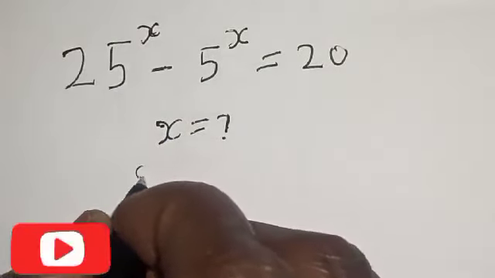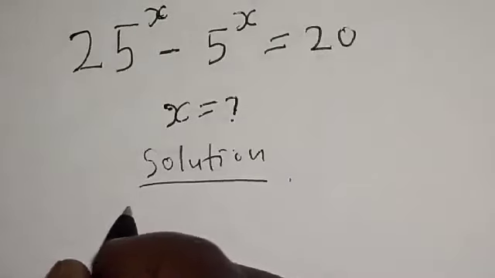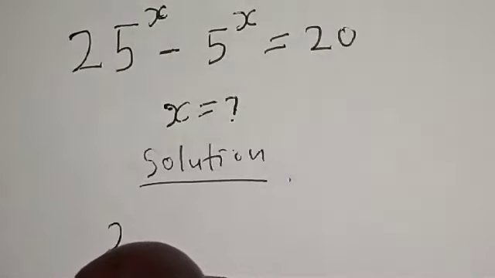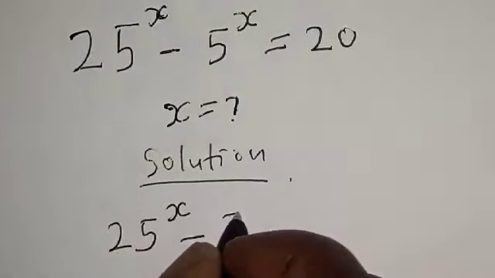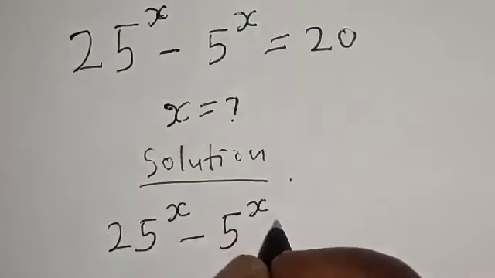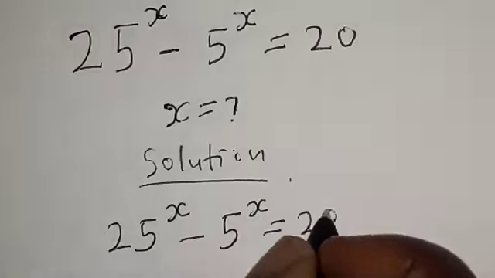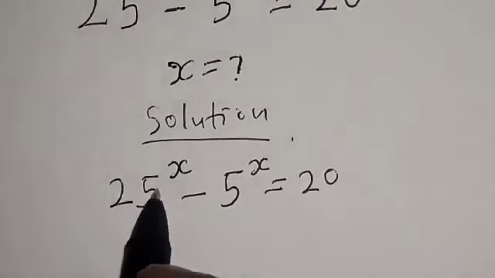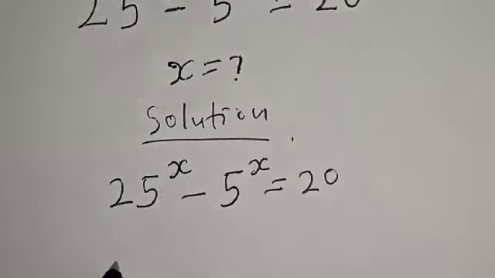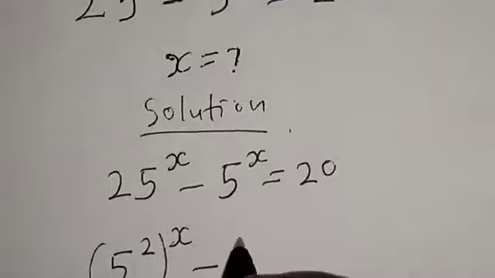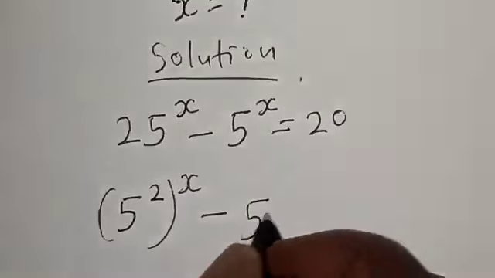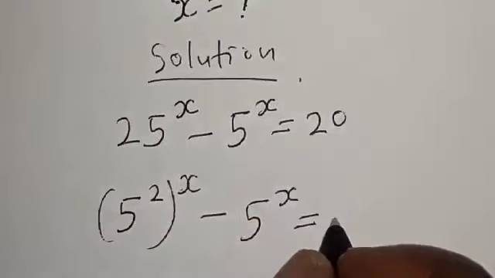Thank you. Solution. The original equation gives us 25 raised to power x minus 5 raised to power x is equal to 20. Then 25 raised to power x is the same thing as 5 squared raised to power x, minus 5 raised to power x is equal to 20.